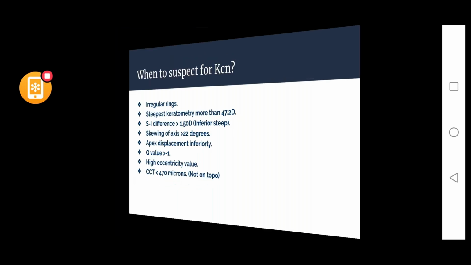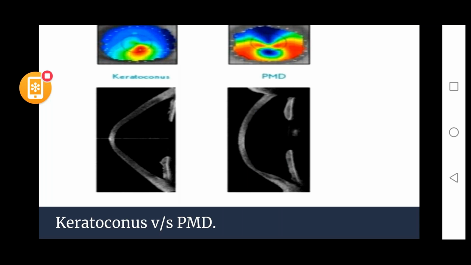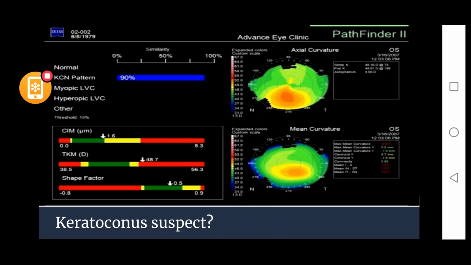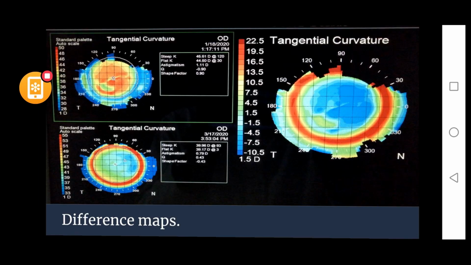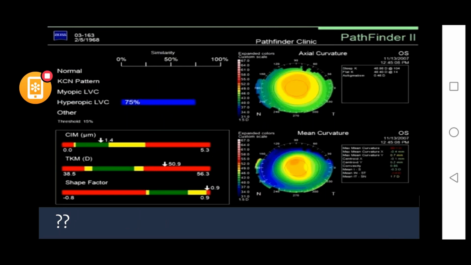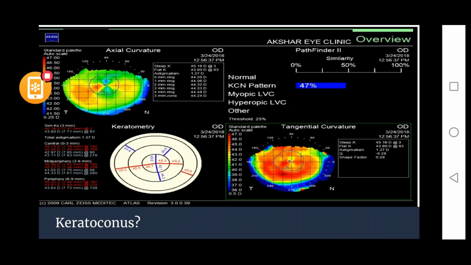What is the reason? Because the first reason is steepest K is above 45. That is one criterion it is meeting here. Okay, but our criterion is more than 47.2. The slide has come now. Please, all of you, take your time and look at it.